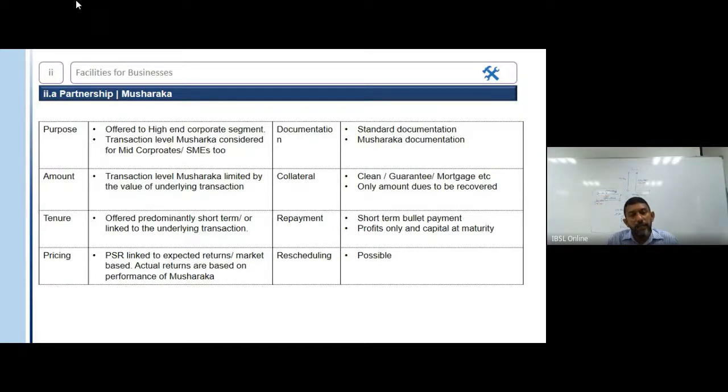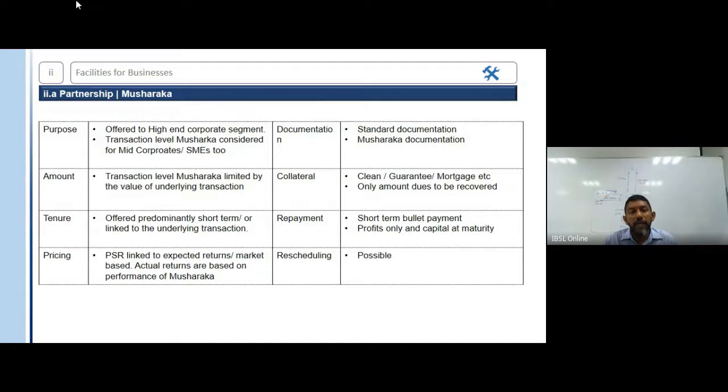Either based on reliable financial statements or based on some reliable records. If the customer has three sets of accounts and three sets of profits and losses, which profits to share will become a question. What cost to be taken into consideration will become a question, and those questions are not easy to resolve.